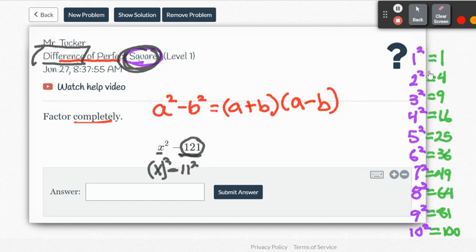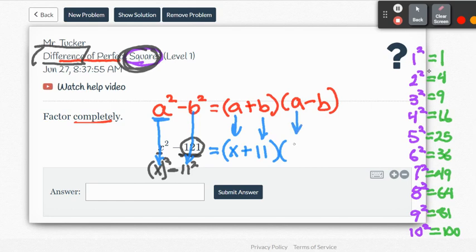As soon as you can recognize that difference of two squares, we call the first one a. We call the second one b. And then all we do to factor it is just throw it into the formula right here. This is equal to parentheses. The first term is a, so that's x, plus the second term was b, 11, parentheses.